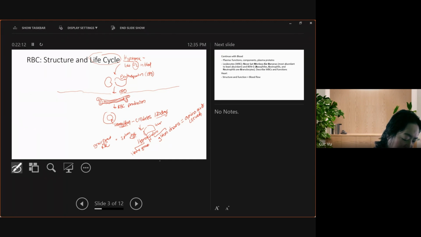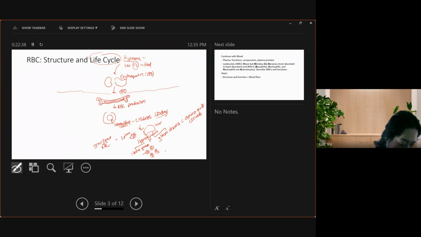Okay? The heme group is what's interesting. There are 4 heme groups in general that look like this: 1, 2, 3, 4. Each one of them has an element attached to it, which is what allows it to carry oxygen.